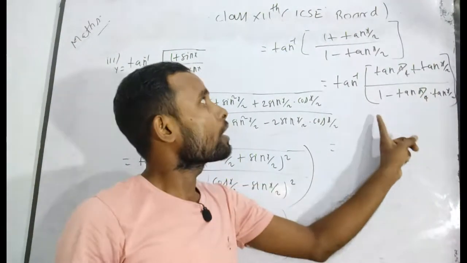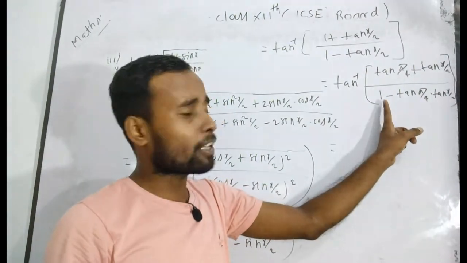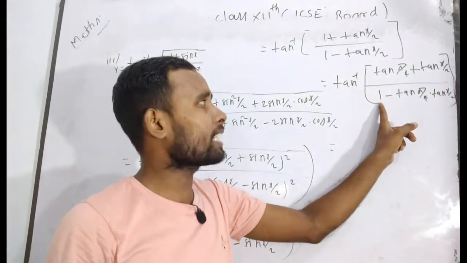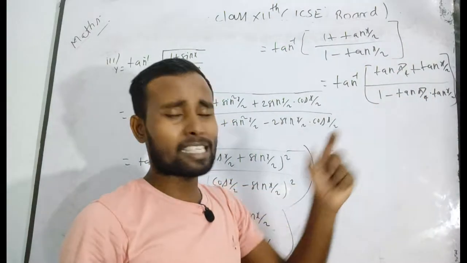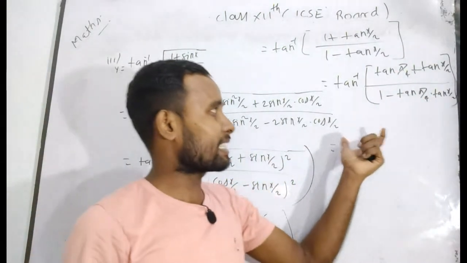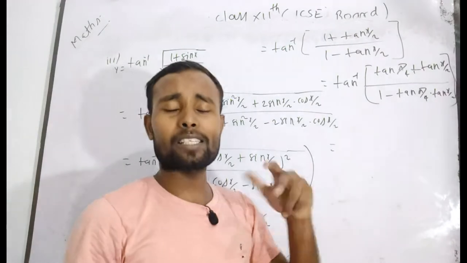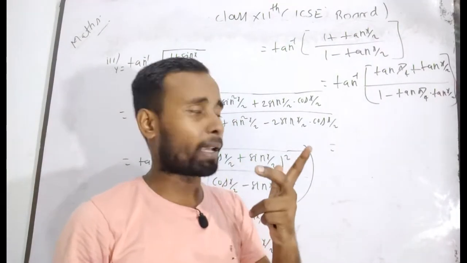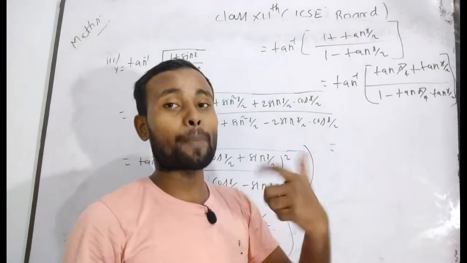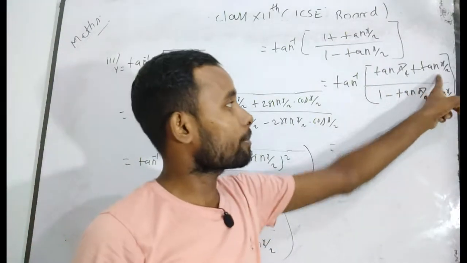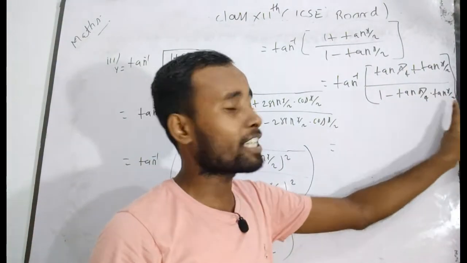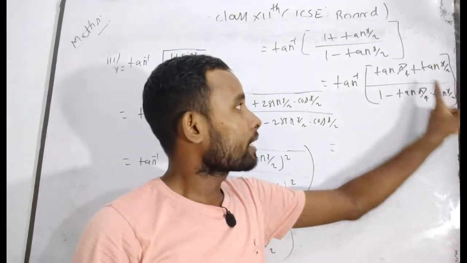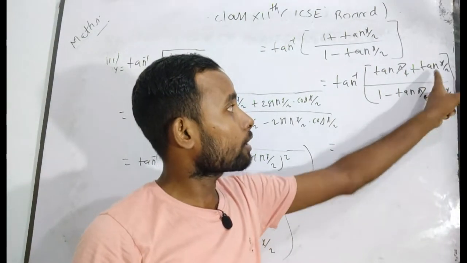Similarly, I have taken here 1. I do not write 1 directly because there is some purpose: I want to express it in terms of a standard formula. Tan of a plus b: as you know, tan a plus tan b divided by 1 minus tan a into tan b will be tan of a plus b, with a as pi by 4 and b as x by 2.